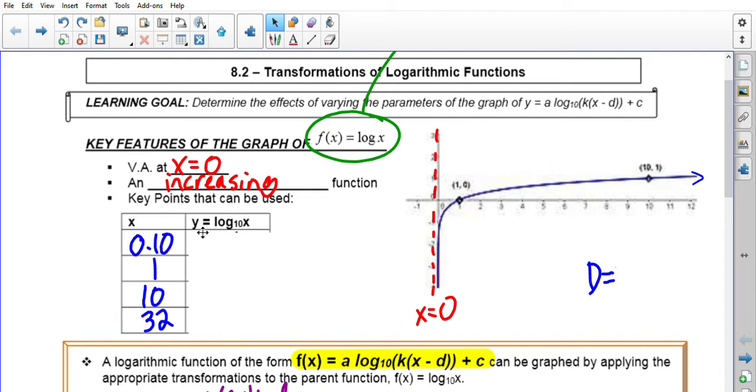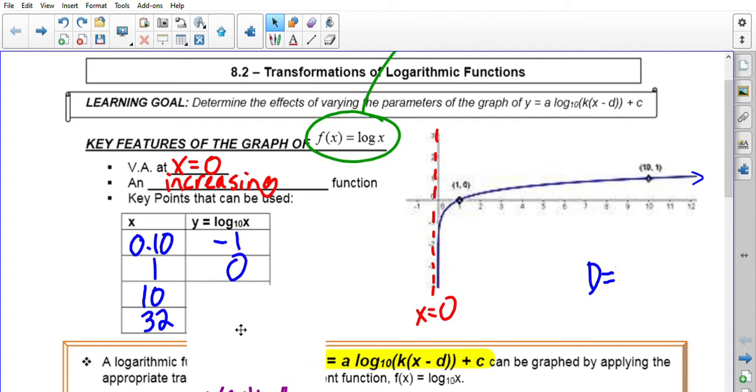So enter in your calculator and do log 0.10, and remember your calculator is already base 10, you should get -1. That's a nice point to plot. When I do log of 1 to the base 10, that's 0, because 10 to the 0 would give me 1.